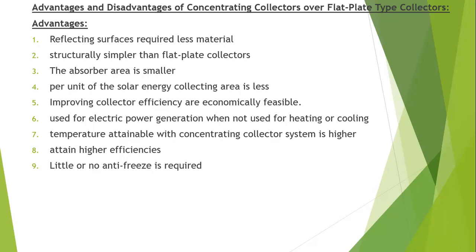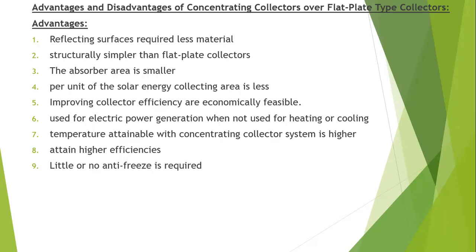And the fifth one is, because the concentrating collector has a small absorber area per unit of solar energy collecting area, the selective surface treatment or vacuum insulation to reduce the heat losses is less here in concentrating collectors.